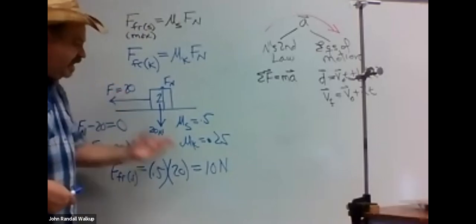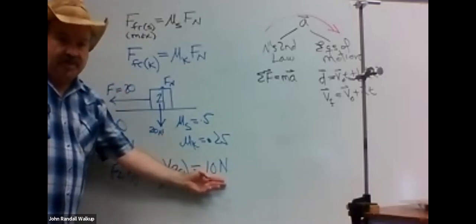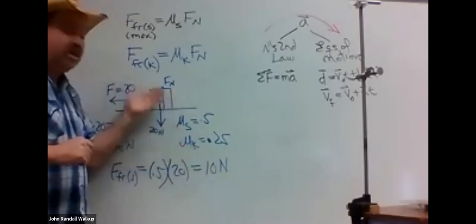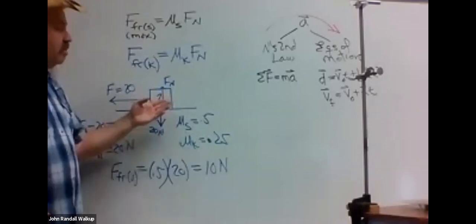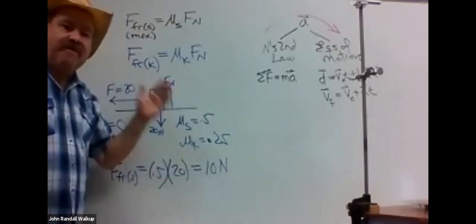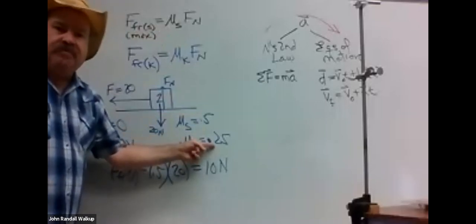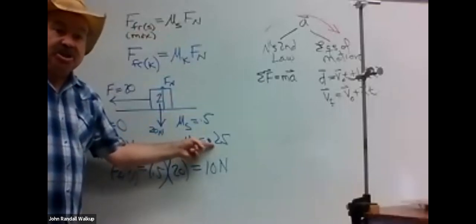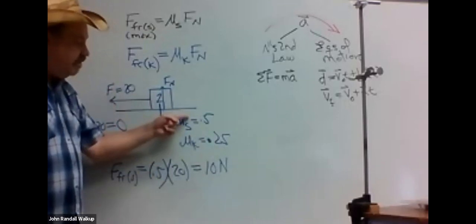Therefore, my 20 will overcome the 10. And that's all I know so far. This crate will accelerate. And as soon as it starts to move, it changes the coefficient from the 0.5 to the 0.25. Don't forget that, because I'll ask you for the acceleration amount, and students often use the same coefficient.